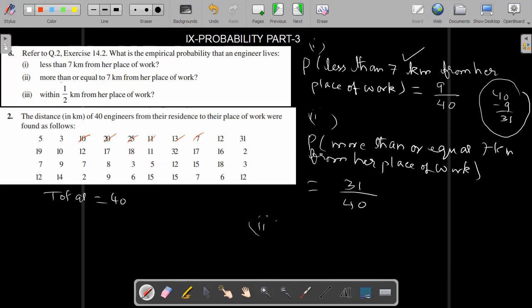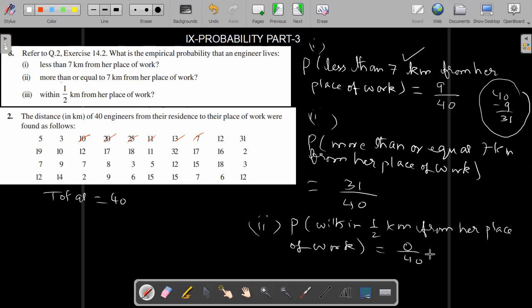So we can write the probability of living within half a kilometer from her place of work: no one, so that is 0. So 0 upon 40 is equal to 0.